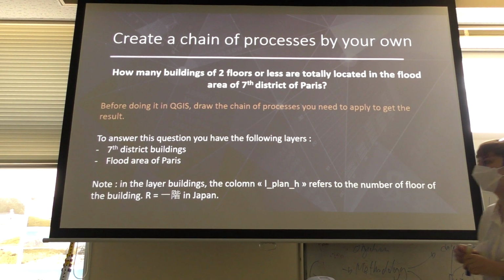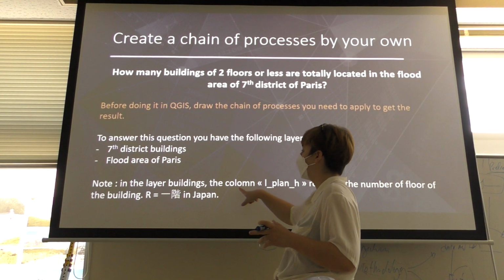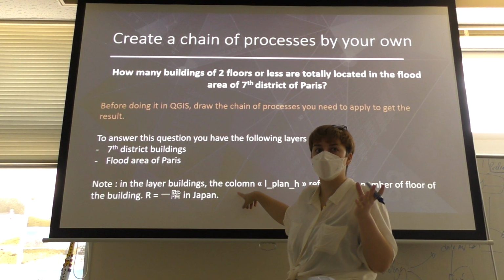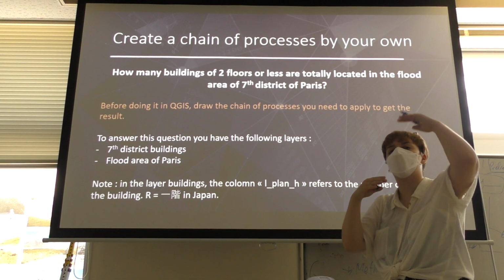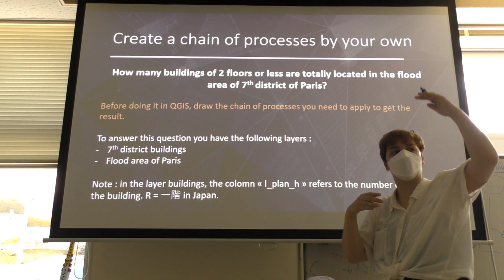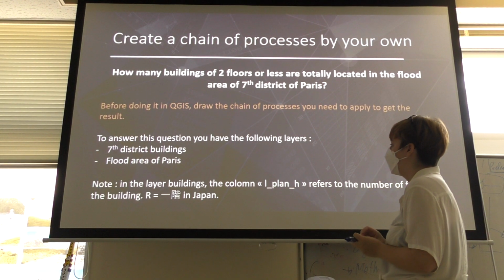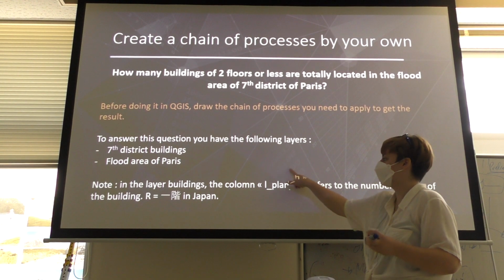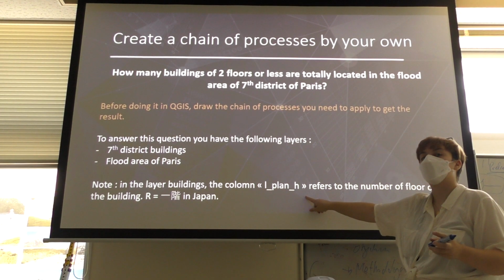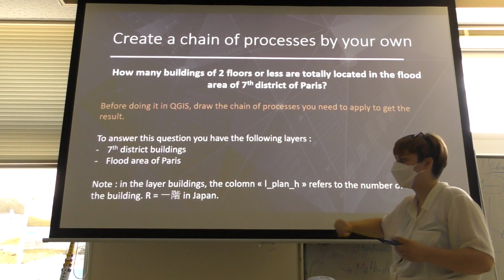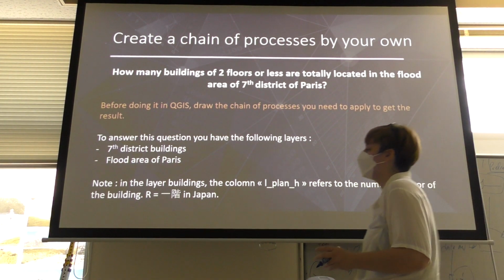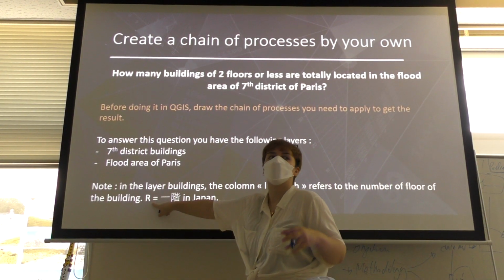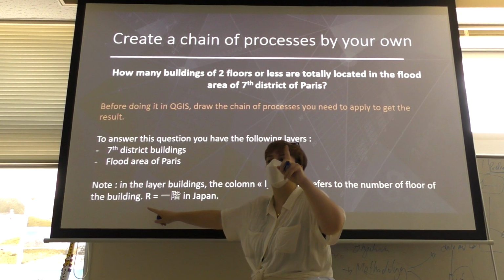Just because it's important, in the buildings layer, if you want the number of floors of the building, 何階があるかな, you have to check the column with this name, okay? And in France, when you have the R, in Japanese it's equal to 1階.